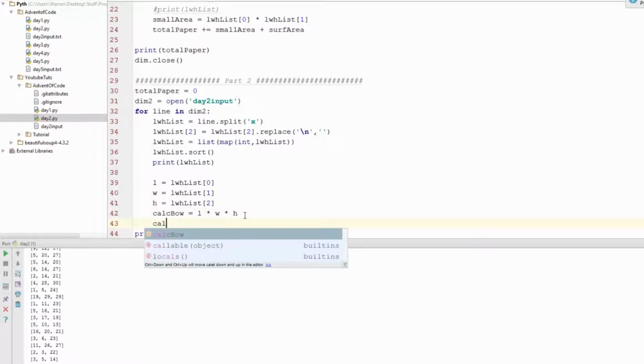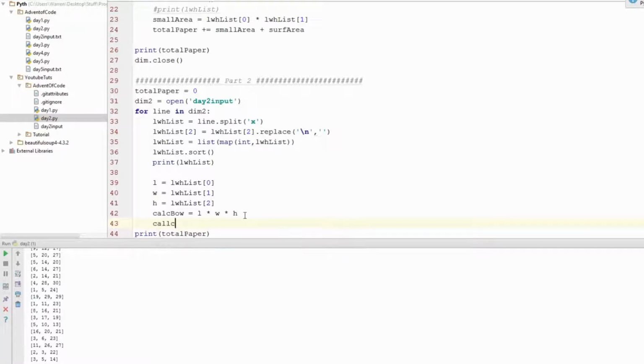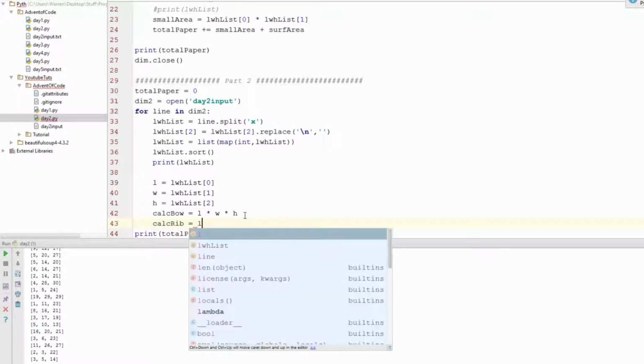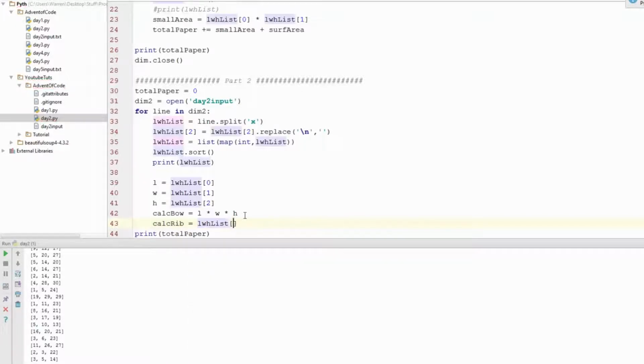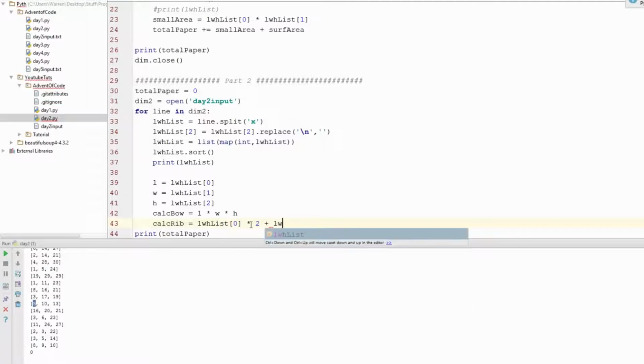So to calculate the ribbon, it's going to be array at position 0, which is the first one, which say down here would be 5 times 2, plus array at position 1.